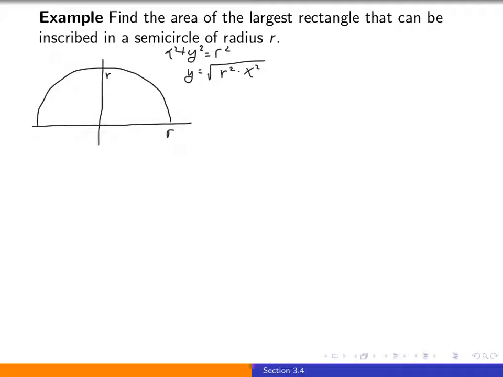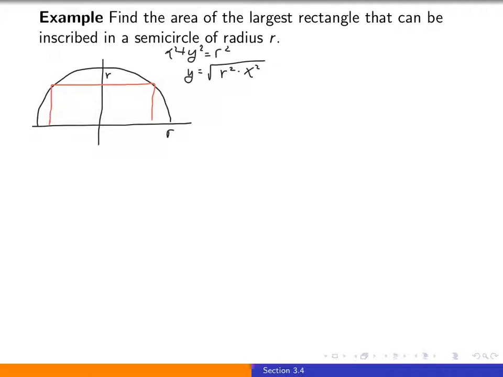And what we would like to know is that if we inscribe a rectangle, what would be the largest possible area that it could take on? That is, if I put a rectangle in here, how big can we make its area? So the thing that we wish to maximize is the area of the rectangle. So we need to write down an equation of the area.